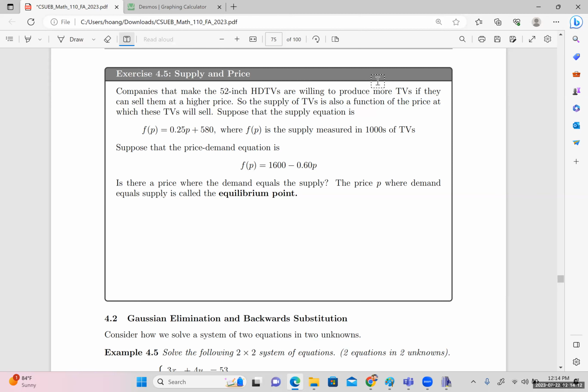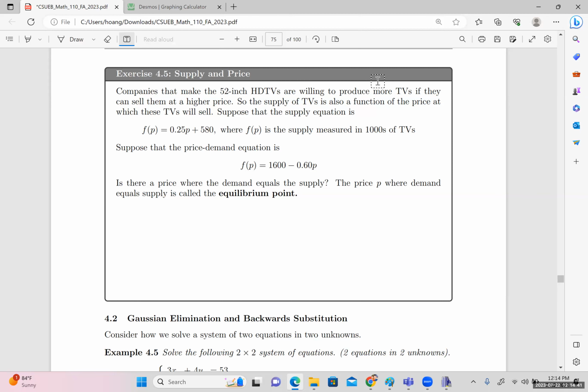But now I also want to show you another case, price in terms of supply or supply in terms of price, because sometimes we also think from the side of the supplier.